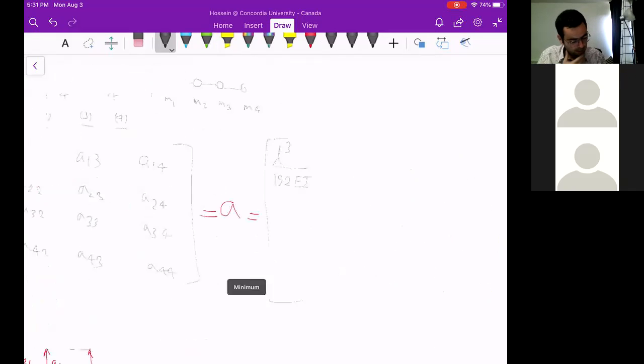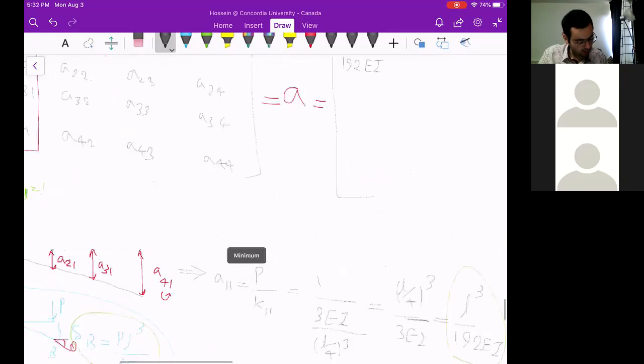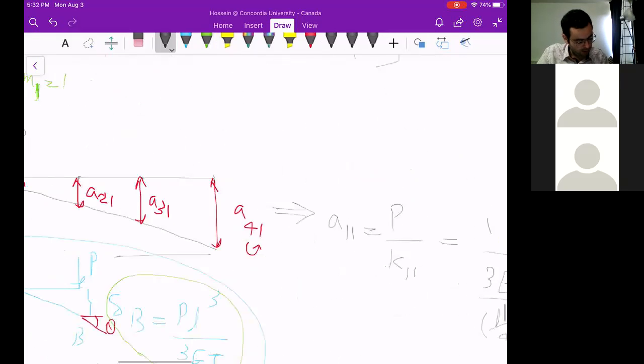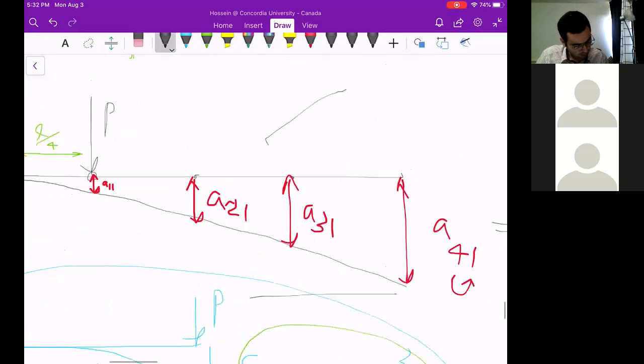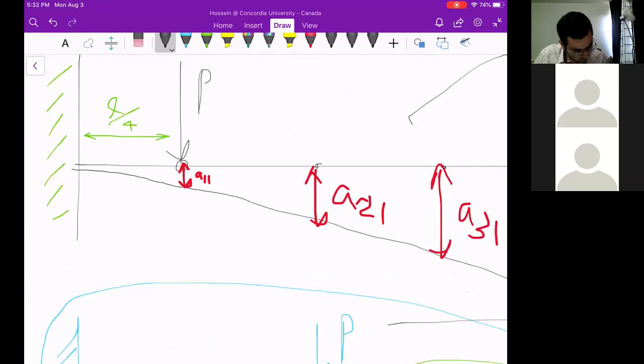So as soon as you obtain A11, you can go for A21. If you take a look here, A21 is this length plus this length, right? This length is L over 4. This is L over 4.